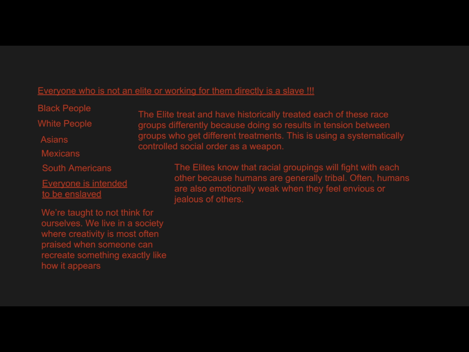The kid who can draw something that looks more realistic is praised more than the kid who uses colors or abstractly thinks of things, because the elite don't want people to think creatively. They don't want people to change their system, because it's a threat. Creative people are a threat to the elite.